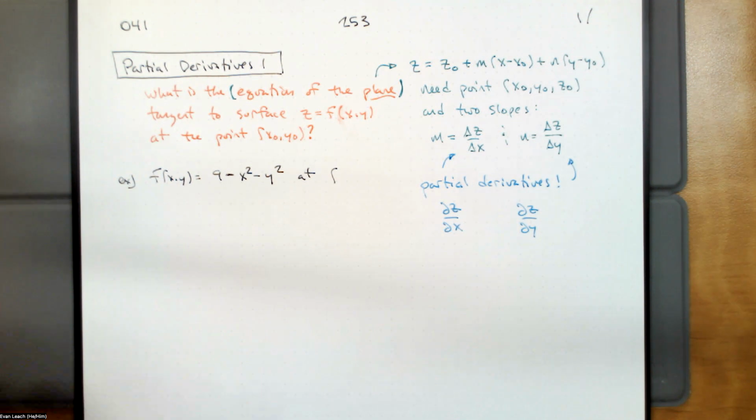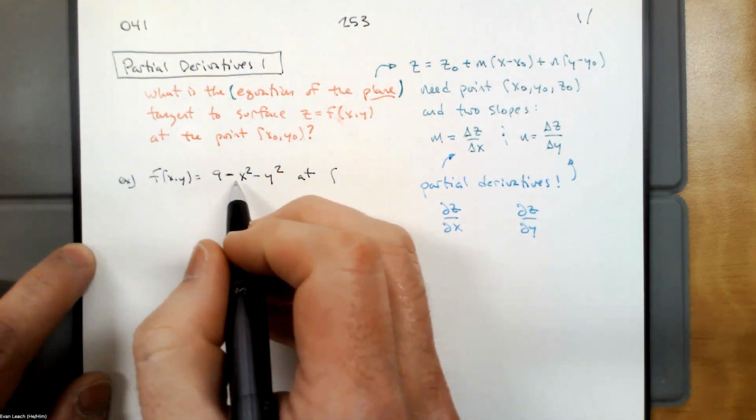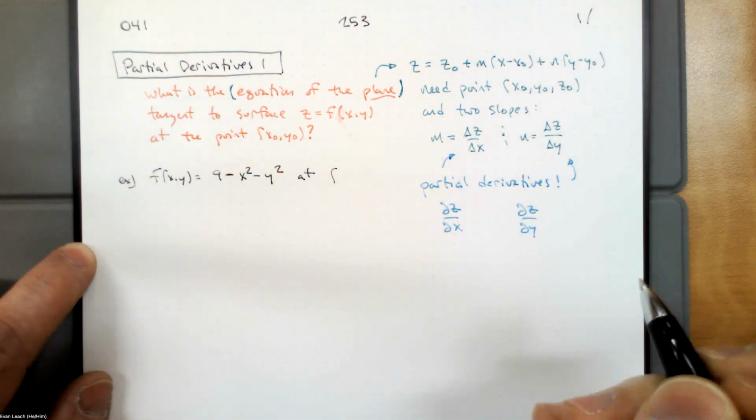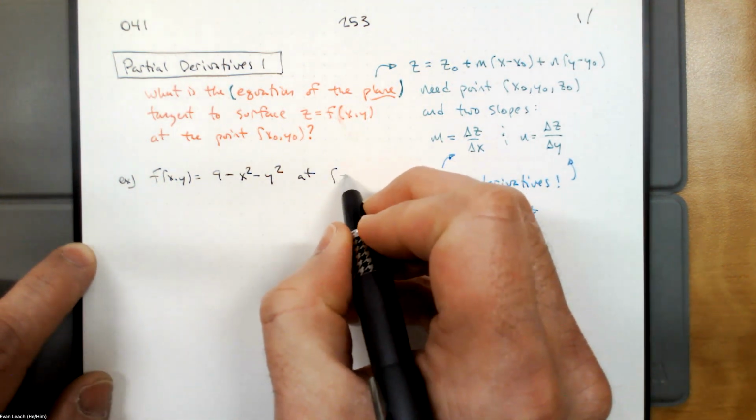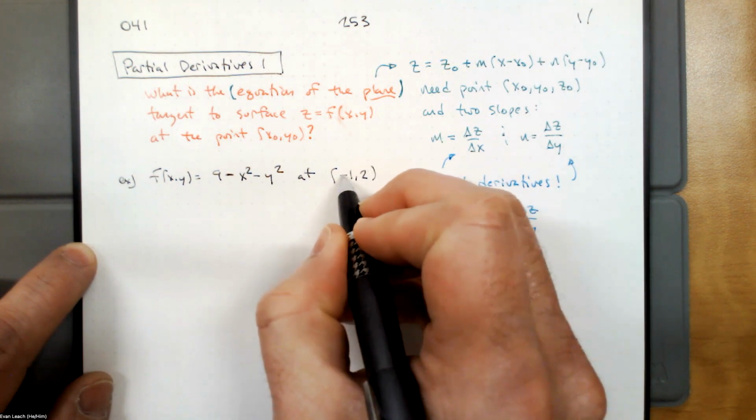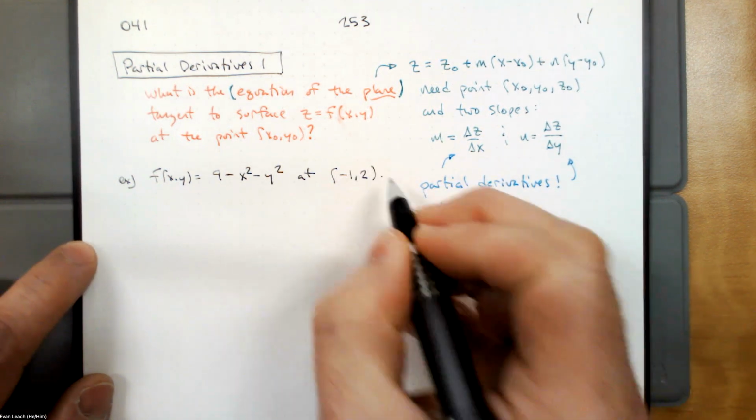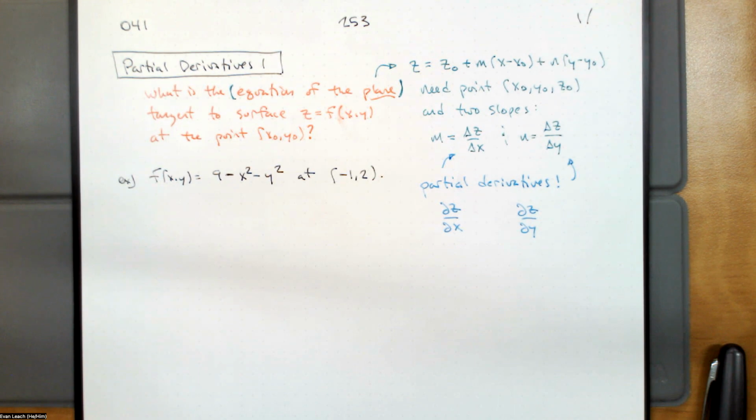So let's do f of x, y equals 9 minus x squared minus y squared at the point -1, 2. I guess there's not really a reason for me to cut this off at the xy plane, but oh well.